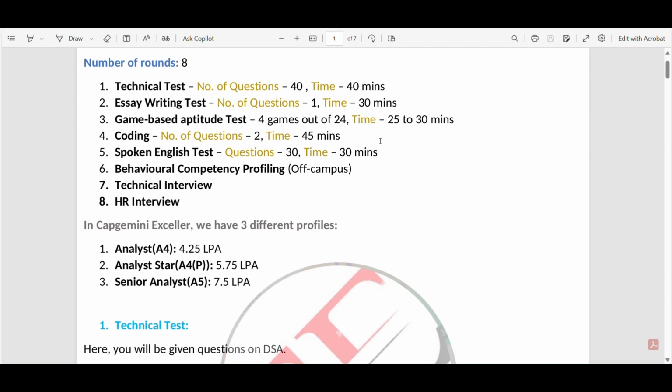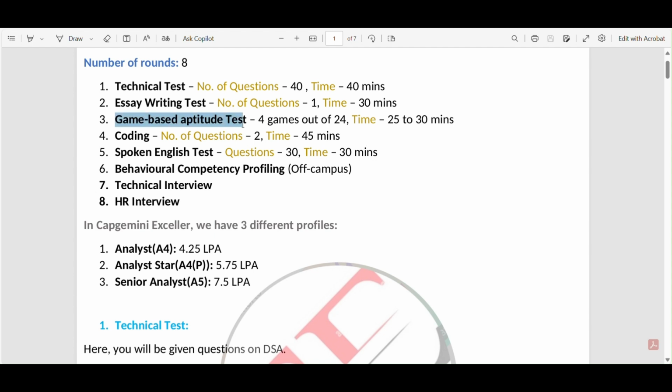I have attended it and solved some easy games up to 15 to 18 rounds or levels, and some difficult ones up to 8, 9, 10, like that. So it will be based on the game. Easy ones you need to just cross 15, and the hard ones you need to just cross 10 or 8, 9, it is okay.